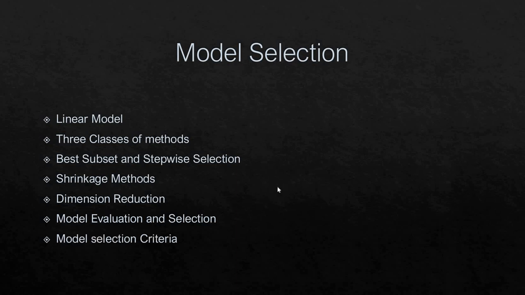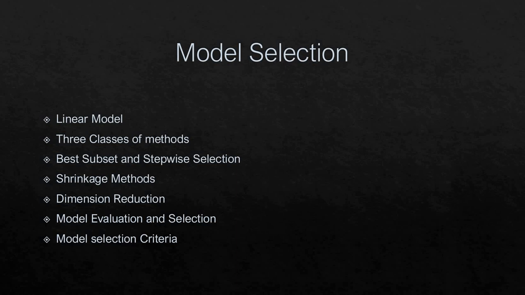Moving right along into the model selection criteria, several criteria are introduced. We see Cp, which adjusts the error by adding a penalty proportional to the number of predictors. Then we have the Akaike information criterion, which measures the quality of a statistical model for a given data set, penalizing complexity.